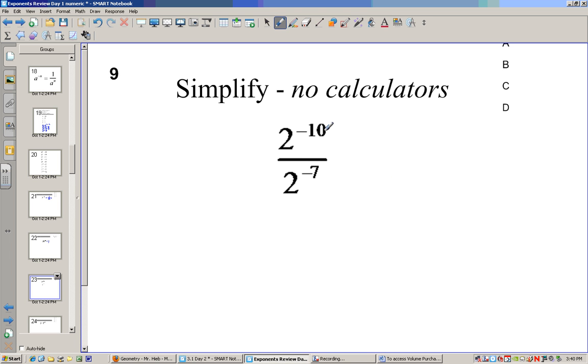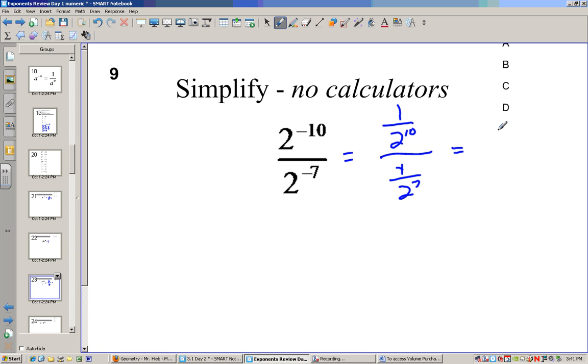Now 2 to the negative 10th over 2 to the negative 7th. Now there's a couple ways to deal with this. One way is to say that 2 to the negative 10 is like 1 over 2 to the 10th. 2 to the negative 7th is 1 over 2 to the 7th.